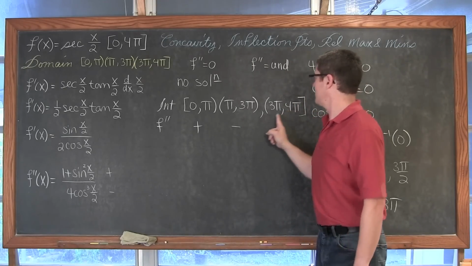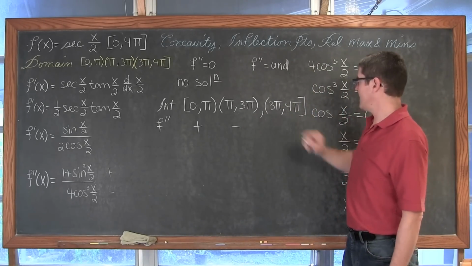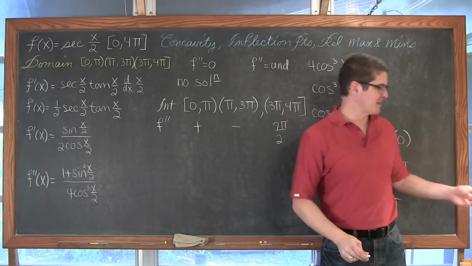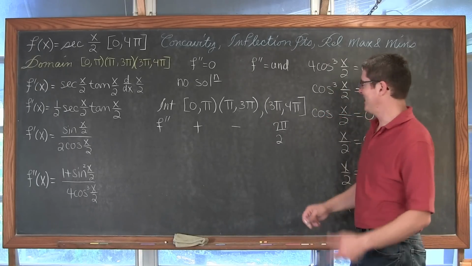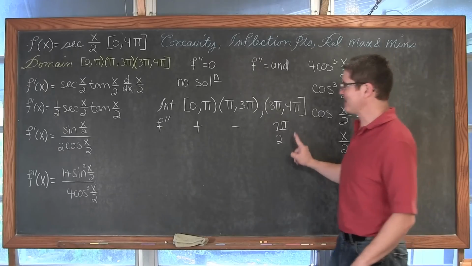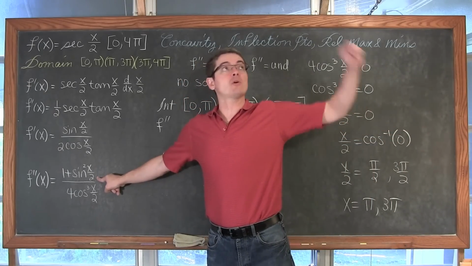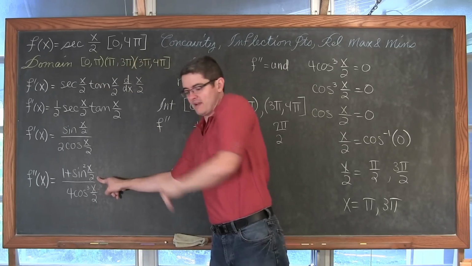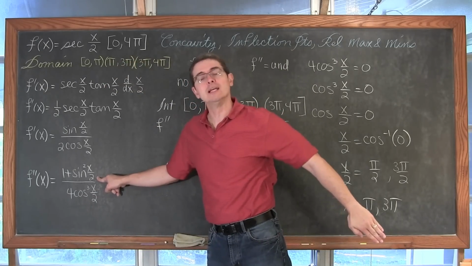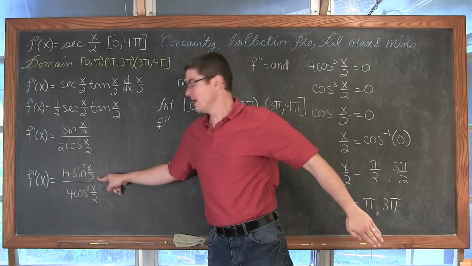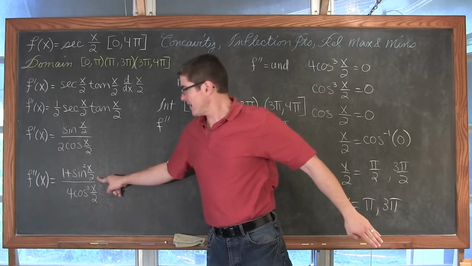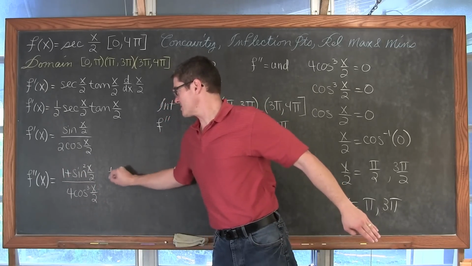And then when you plug in, let's see here, I paused just to make sure I gave you a number between 3 pi and 4 pi. So 7 pi over 2, if you take that and plug it in, you have 7 pi over 4, and the sine of 7 pi over 4, 1, 2, 3, 4, 5, 6, 7 pi over 4, is negative square root of 2 over 2. That squared is going to be positive, and positive plus 1 is going to be a positive answer.